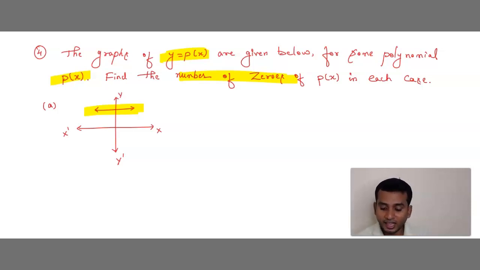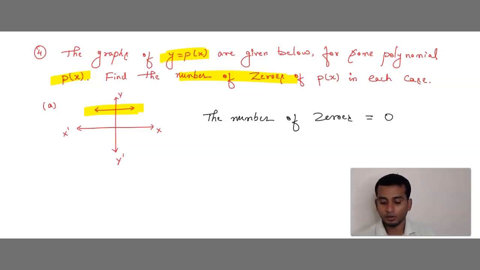Now is this line touching the x-axis anywhere? No, it is not touching the x-axis at all. So what is the answer? The number of zeros is equal to 0.